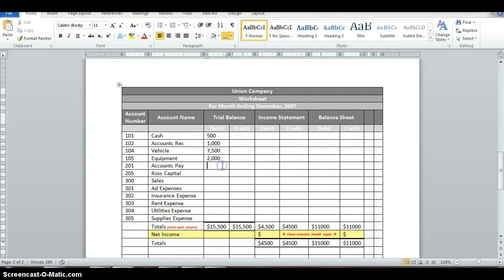And I'll be copying my liabilities balances over into my credit column. So this part should be pretty familiar to you. We did this in the last assignment. All of our general ledger balances get copied over into our trial balance.